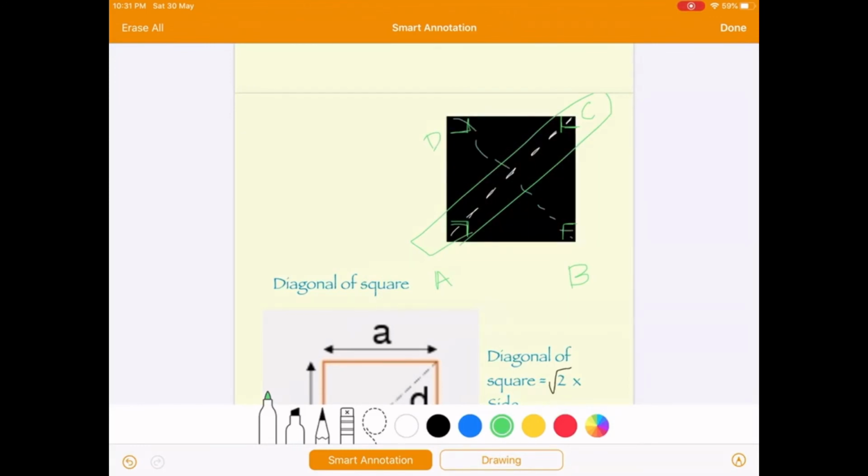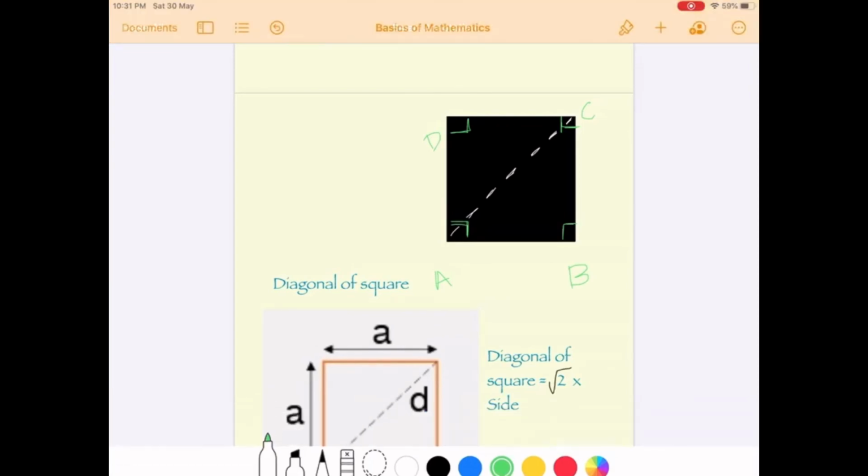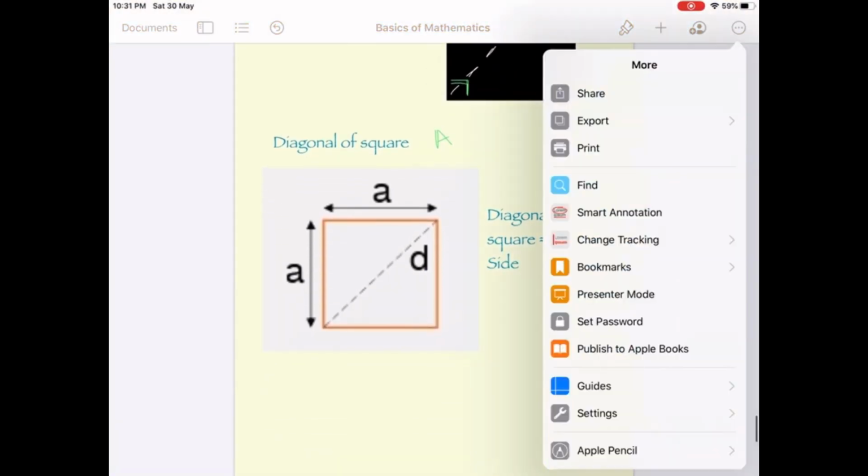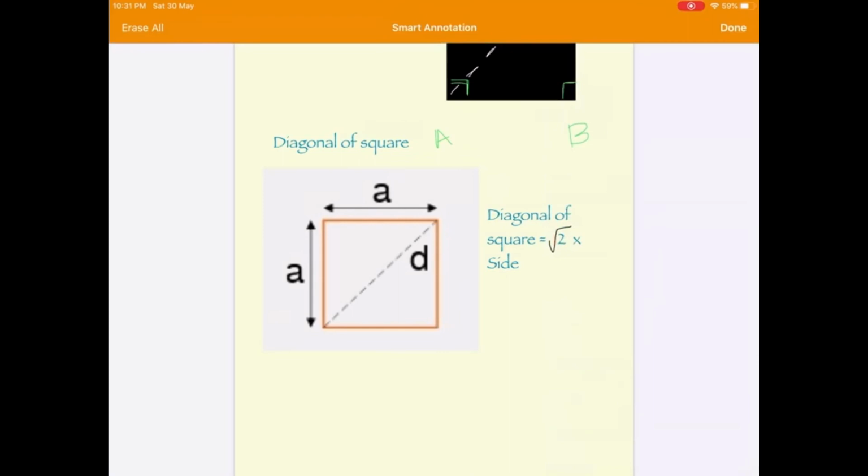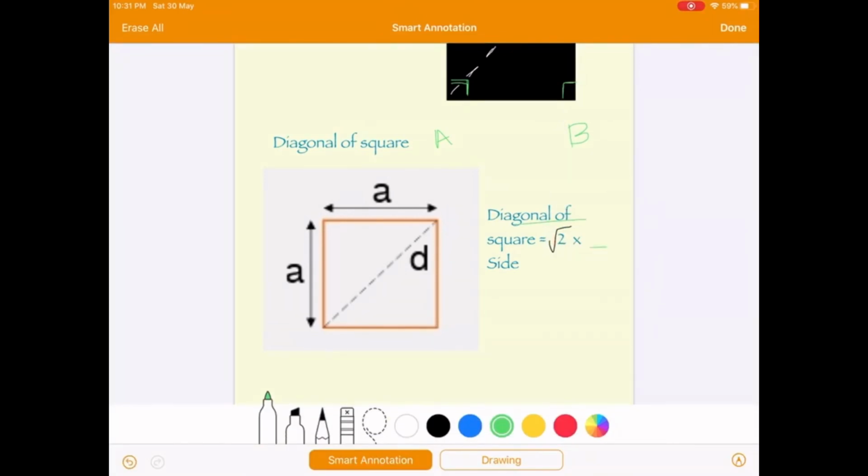There are two diagonals from opposite to opposite vertex, right? So AC and BD are diagonals. And the interesting part about the diagonal is that it also has a formula: diagonal of square is equal to √2 into side.